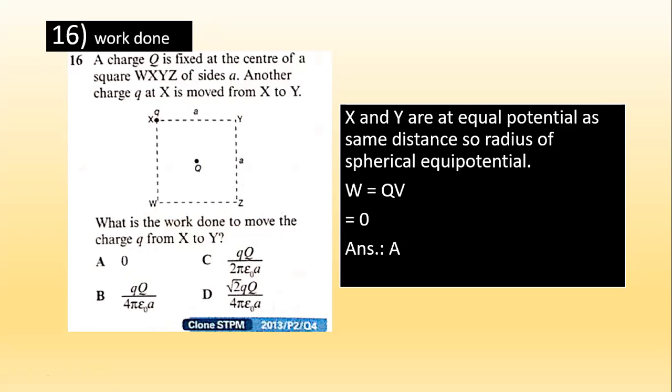It's just like gravity: if you move at the same height and the same speed, there's no work done. Same here, X and Y are on the equal potential surface.